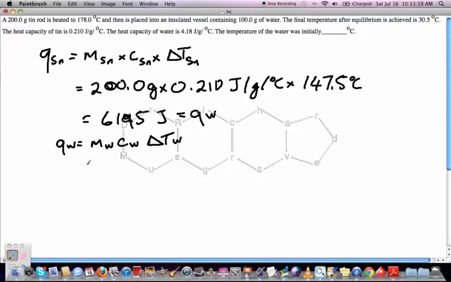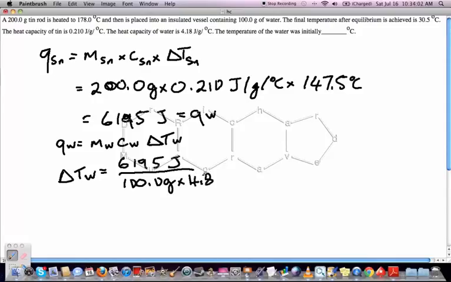So I'm going to be able to find out the temperature change of the water, and the temperature change will be 6195 joules divided by the mass of the water, which is 100.0 grams, times the heat capacity of the water, 4.18 joules per gram per degree Celsius.